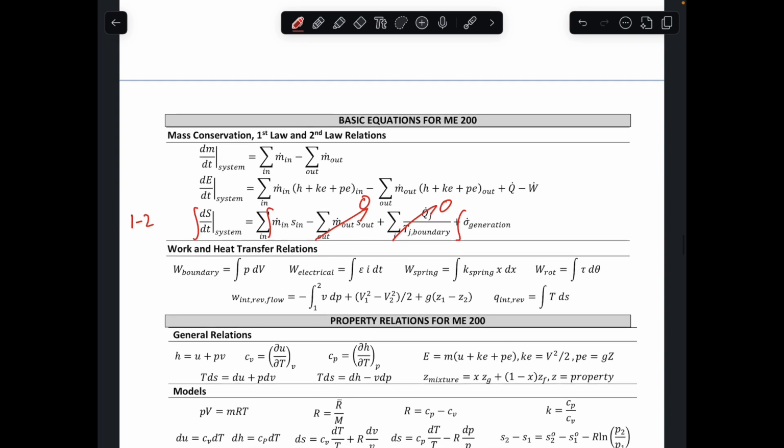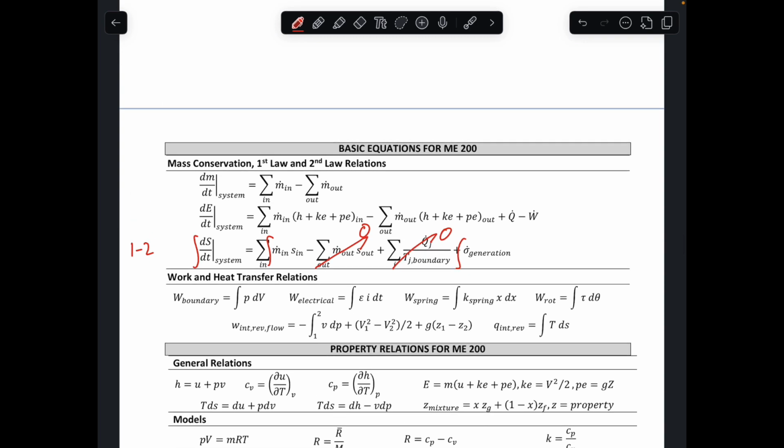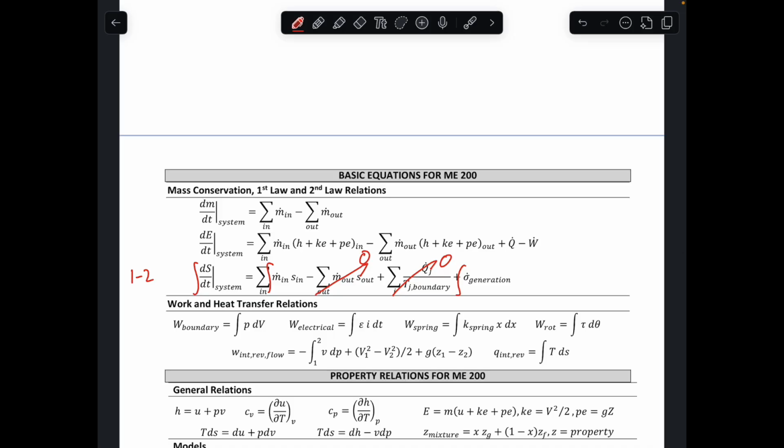And then we will get the simplified form, I'll write it up here, of m2 s2 minus m1 s1 should be equal to m in times s in plus our sigma term from 1 to 2.